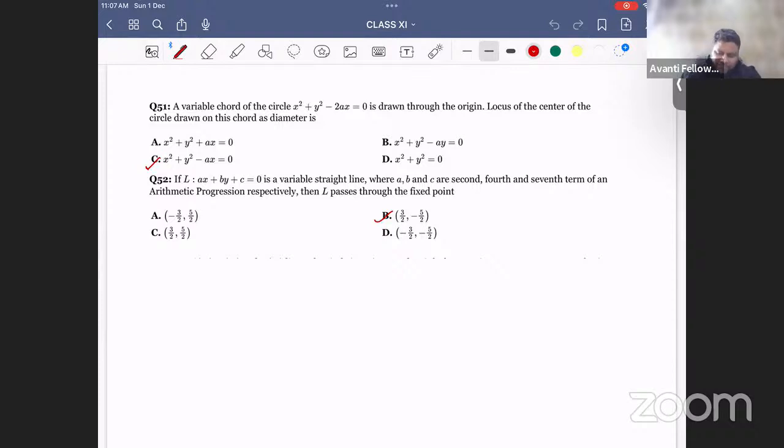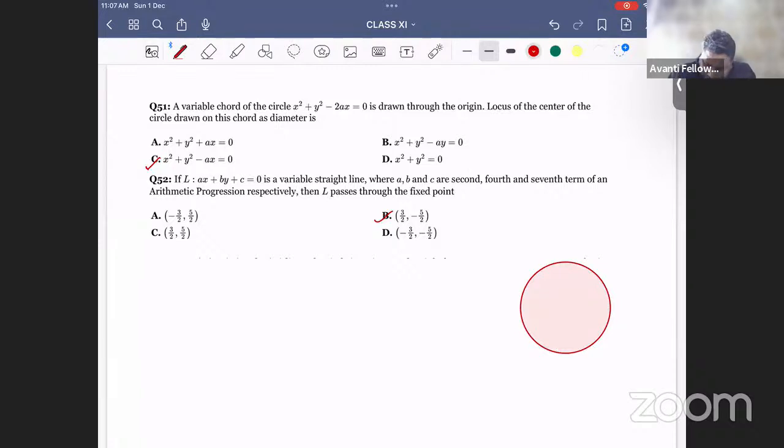The first question, 51st number is, a variable chord of a circle x square plus y square minus 2ax is drawn through origin. Locus of the center of the circle drawn on this chord as diameter. That means, now this is a circle, see. There is origin lying on this circle.